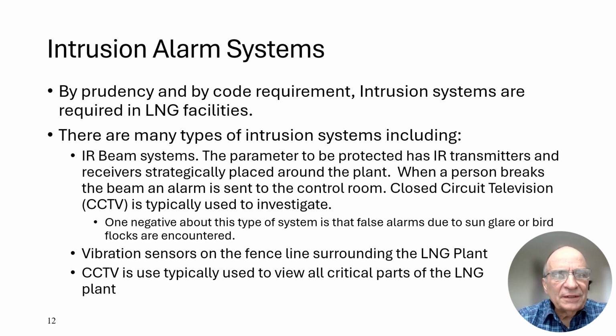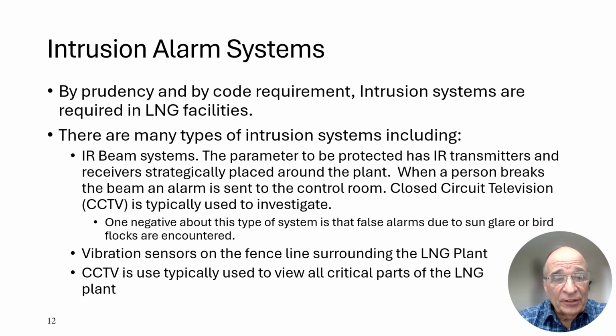By prudency and by code requirements, intrusion alarm systems are required in LNG facilities. We would not want to have people who are unskilled or unknowledgeable to be around valves or any other equipment related to LNG. There are many types of intrusion alarm systems.